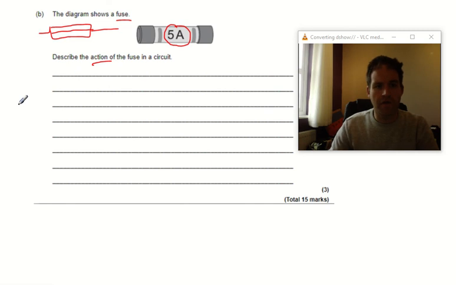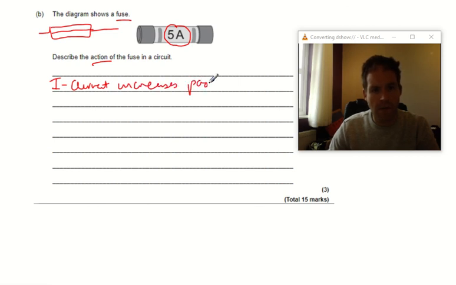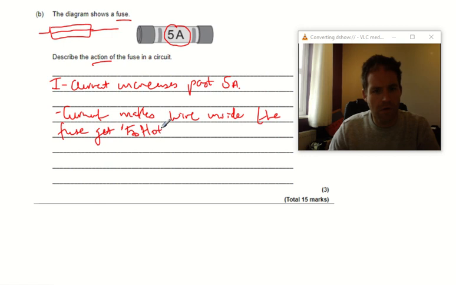So we've got to say that the action of a fuse in a circuit: if current increases past 5A, current makes the wire inside the fuse get too hot and break.